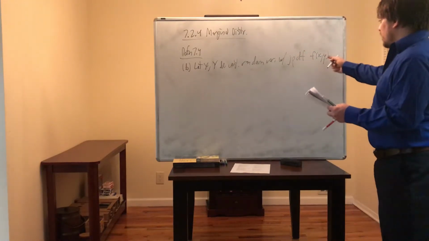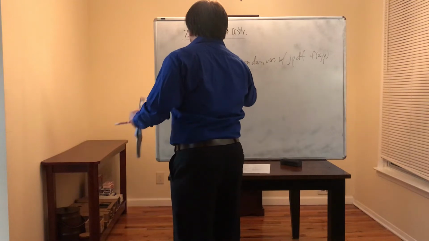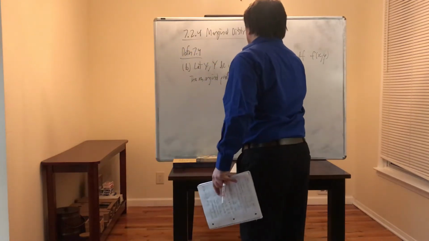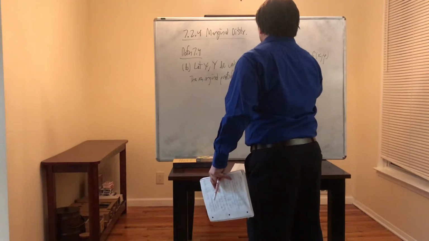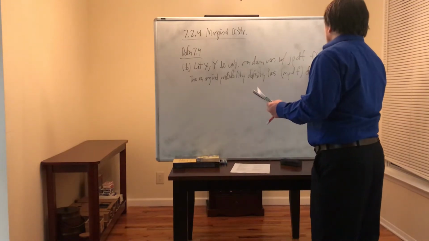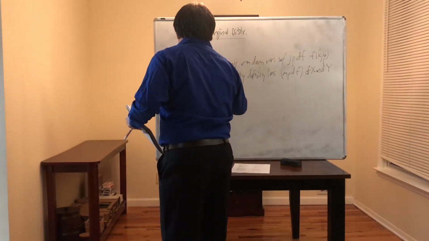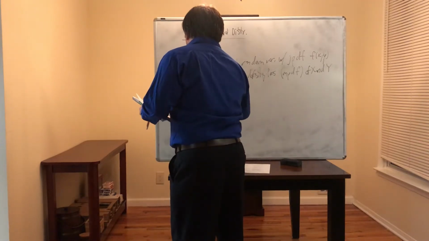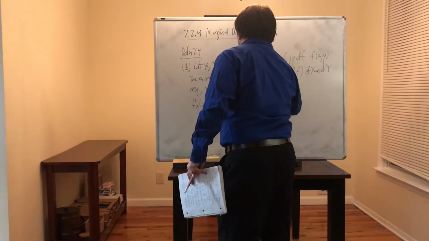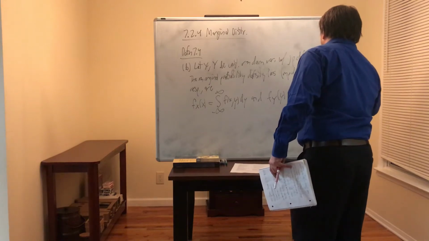The marginal probability density functions, MPDFs, of X and Y, respectively, are given by f sub x of x is equal to the integral from negative infinity to infinity of f of x comma y dy, and f sub y of y is equal to the integral from negative infinity to infinity of f of x comma y dx.